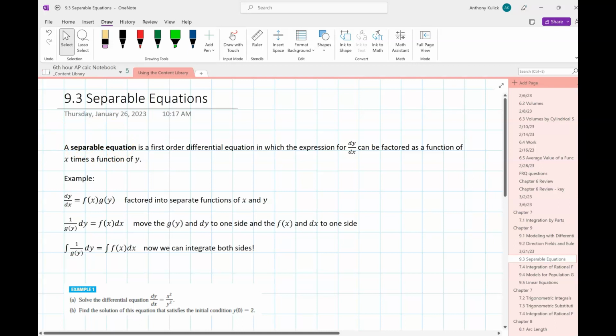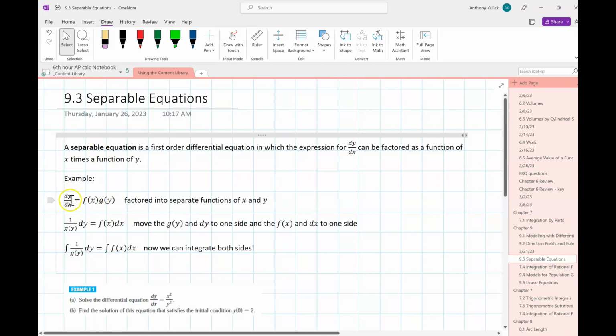So we're going to start with doing this for separable differential equations. So when we call this thing a separable equation, it means that our derivative can be written as a product of a function of x times a function of y.